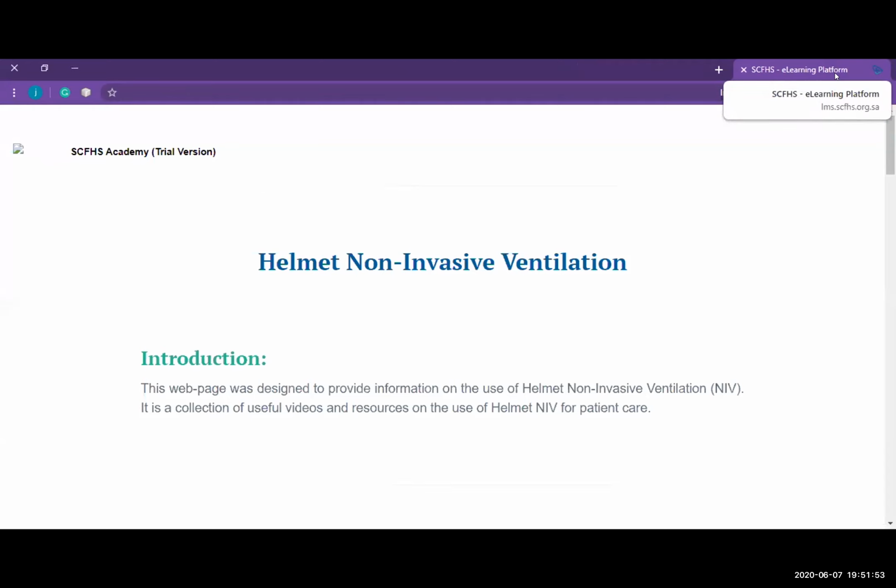The intubation cases that we had after using the helmet were not related to the patient getting worse on the helmet. I don't want to be that optimistic, but I would say I have never seen any patient getting worse after using the helmet. The intubation decision was for different reasons.